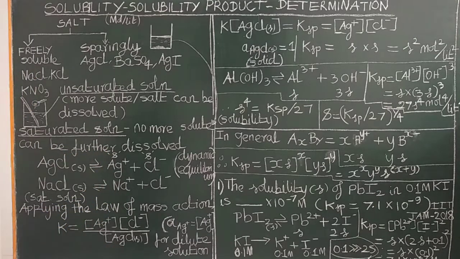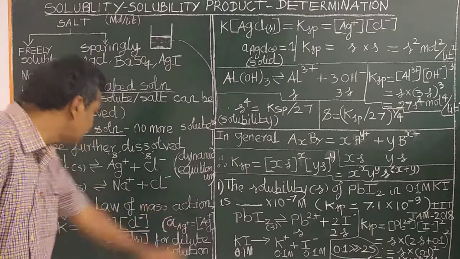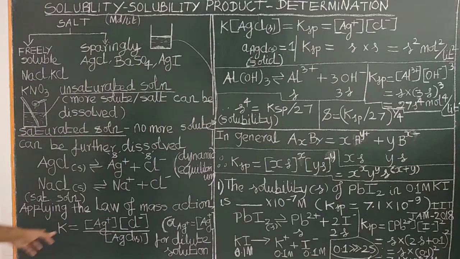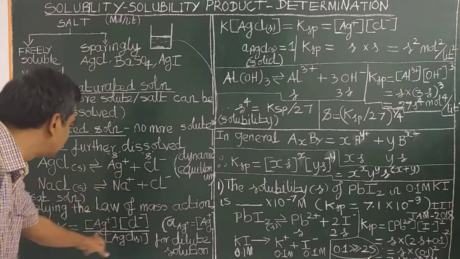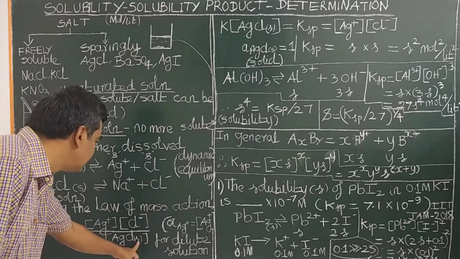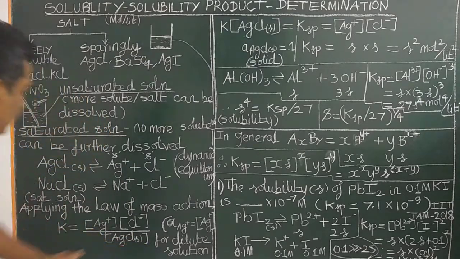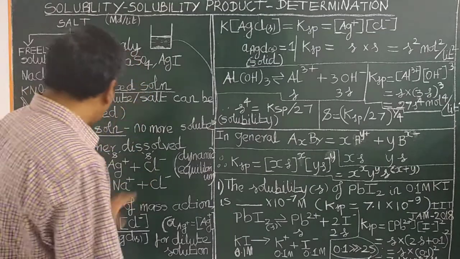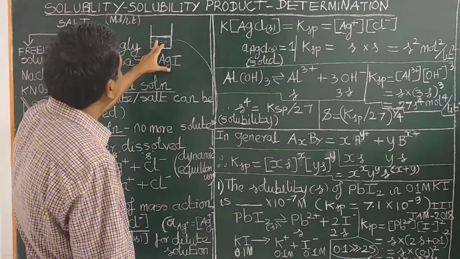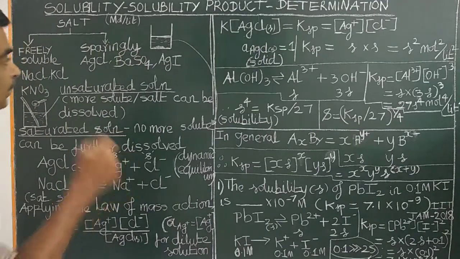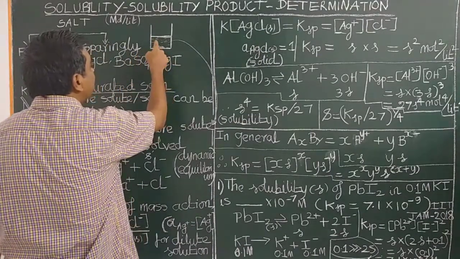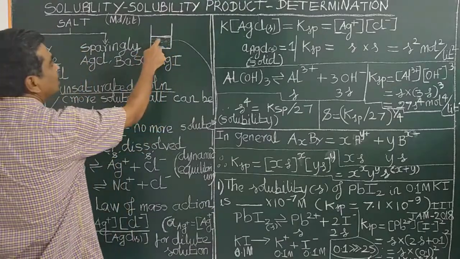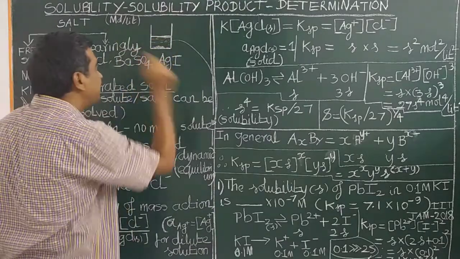We can apply the chemical equilibrium principles, applying the law of mass action, K equal to activity of Ag plus times activity of Cl minus divided by activity of AgCl solid. Okay. For silver chloride, the solubility is very less. Therefore, the concentration of Ag plus and Cl minus ions are very less.